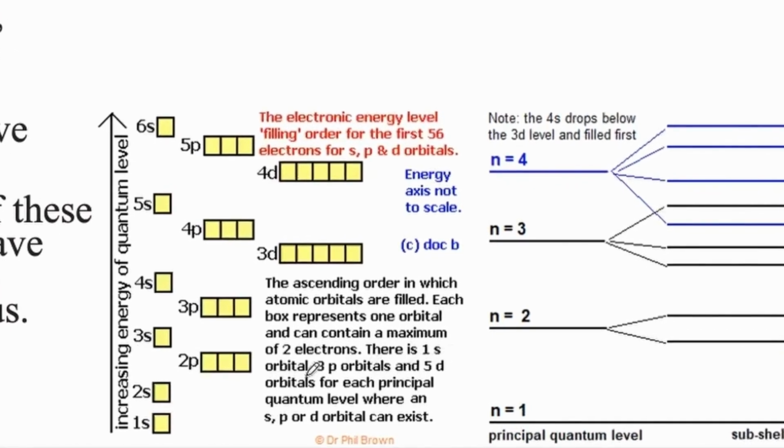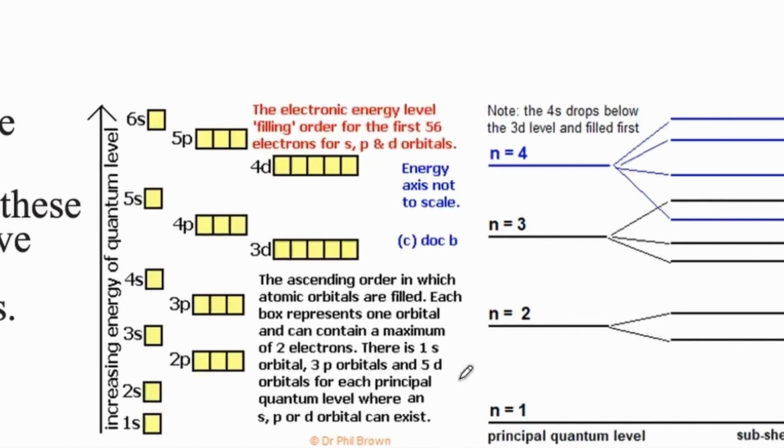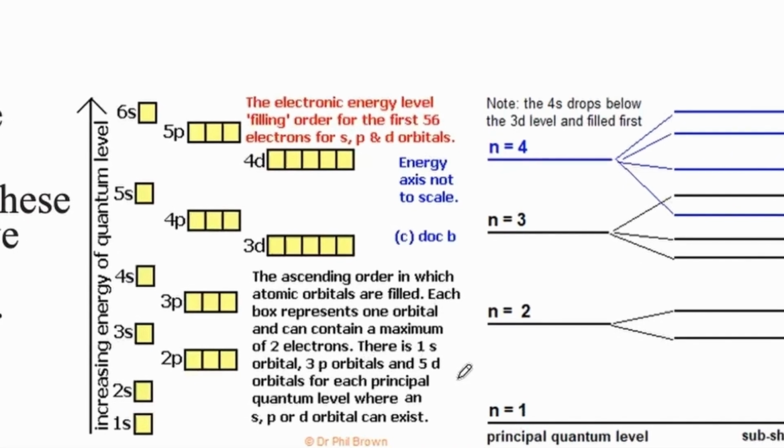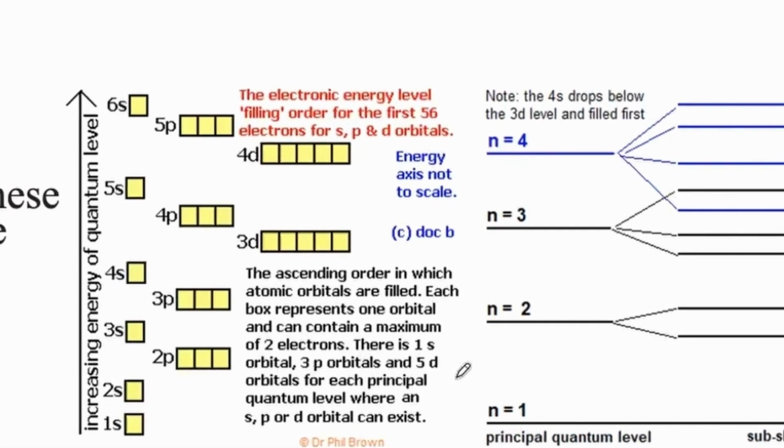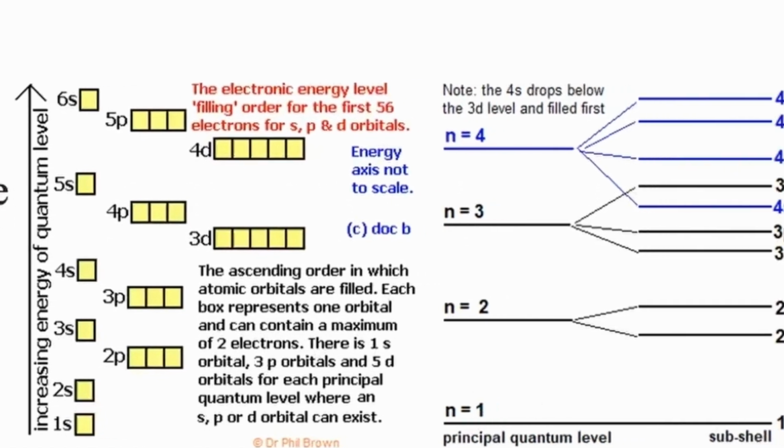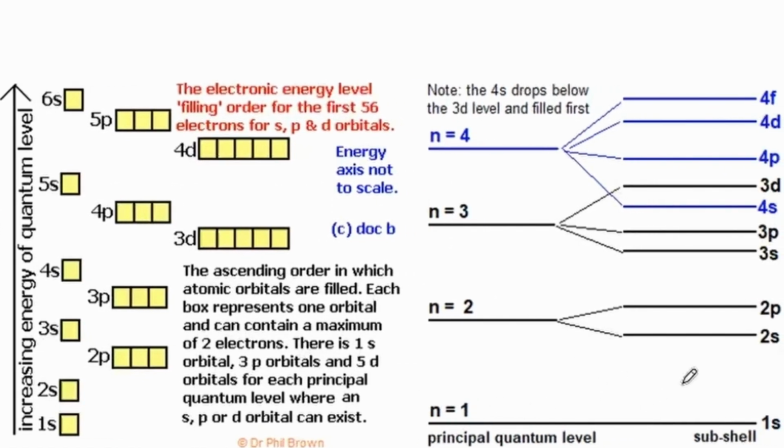There is one s orbital, 3 p orbitals, and 5 d orbitals for each principal quantum level where an s, p, or d orbital can exist. And again, this shows the subshells: n=1 can only exist as a 1s subshell with only 2 electrons, n=2 can exist as 2s and 2p, n=3 can exist as 3s, 3p, 3d, and n=4 can exist as 4s, 4p, 4d, 4f.